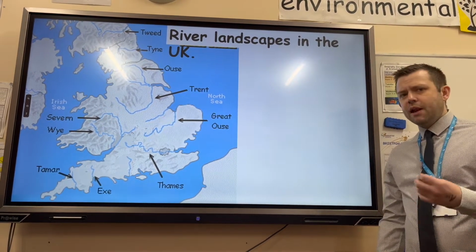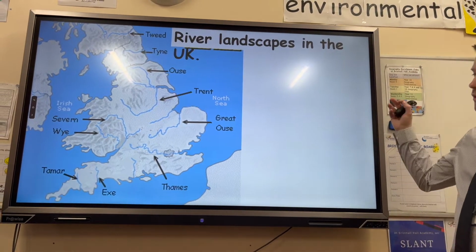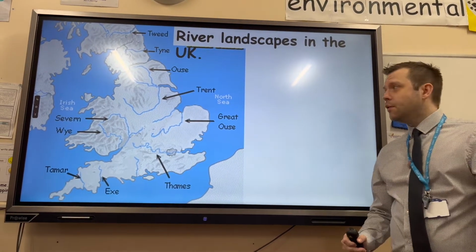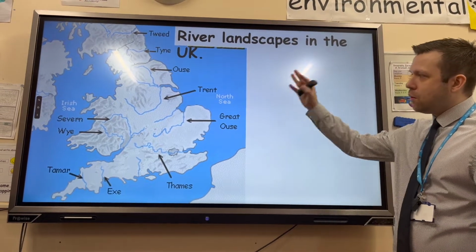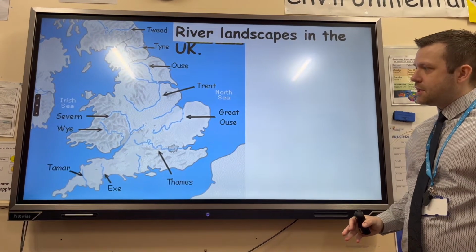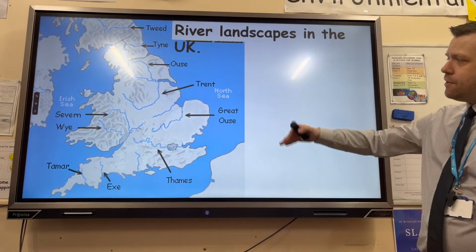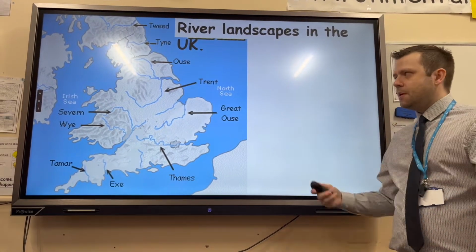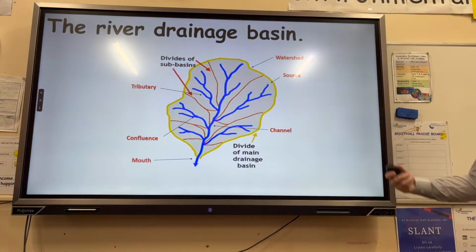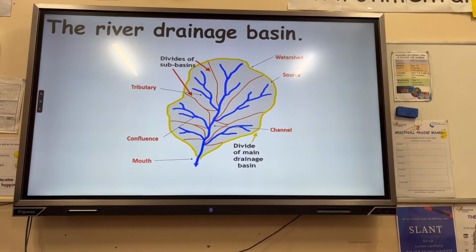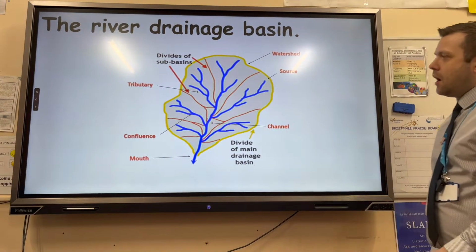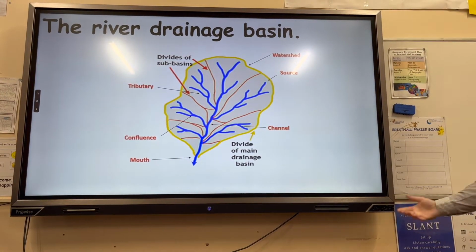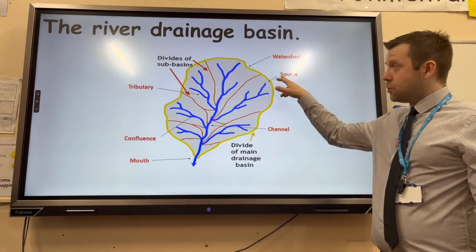Moving on, river landscapes in the UK. The UK is super lucky in the way that it is full of freshwater rivers that transport water all around the United Kingdom. And the rivers play a big part in shaping the natural landscape. If we look at the features of a river drainage basin, which is simply an area that is drained by one particular river, we can see the river will start at its source.